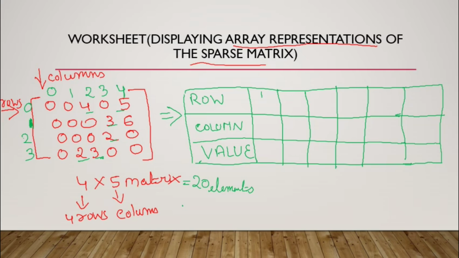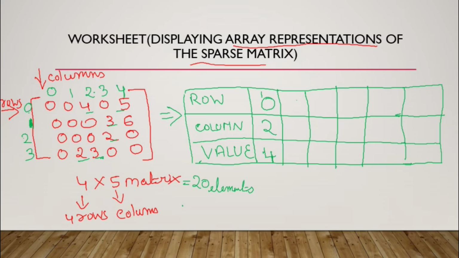So here, first we get at row number 0 and column number 2 the value 4. Okay, next, continuing at the same pace, we can also write.